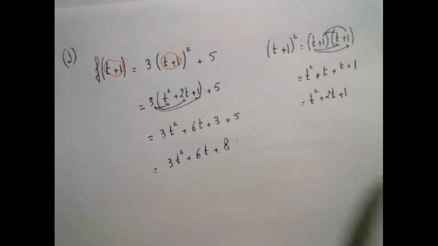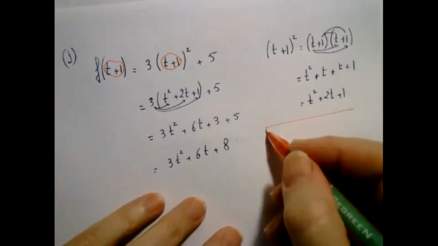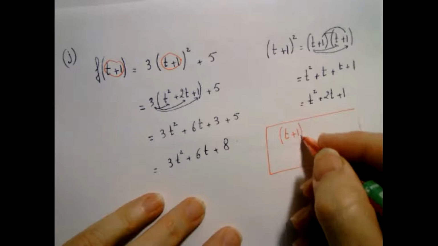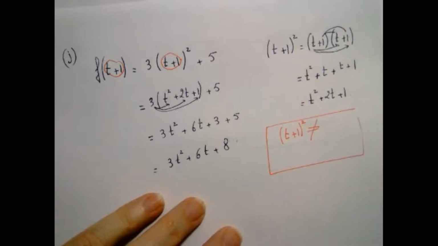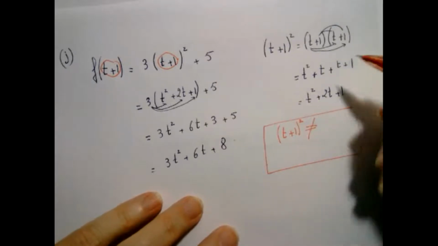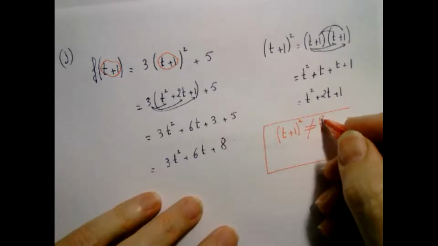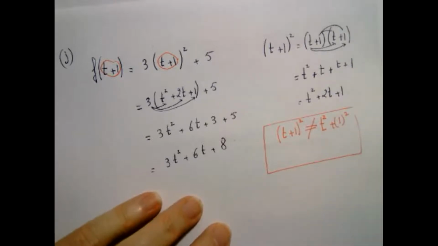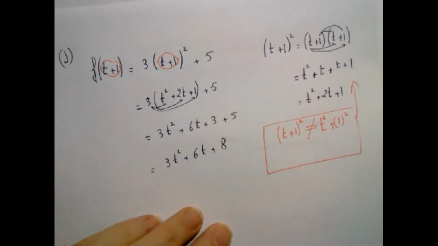So what we've learned is that the quantity t plus 1 squared is not t squared plus 1 squared. Absolutely false. We cannot just split them like this. That's how we do it.